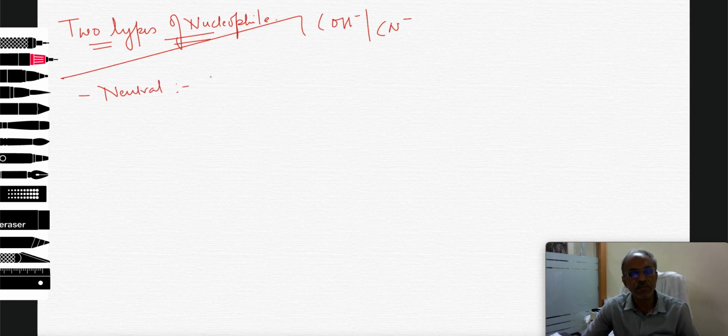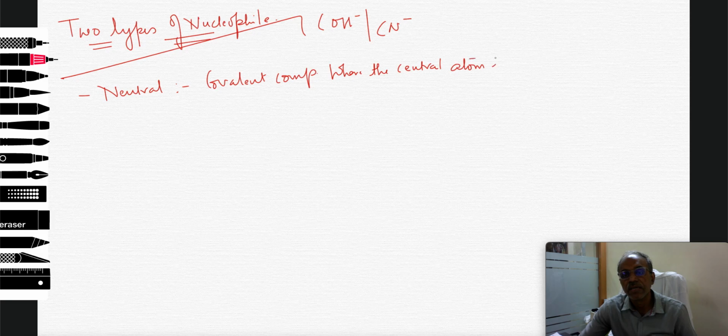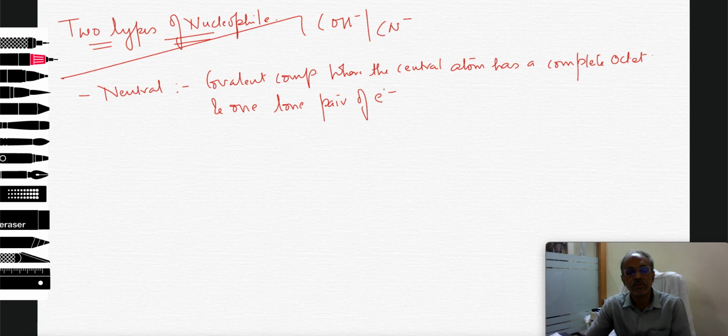Neutral means a covalent compound where the central atom has a complete octet and one lone pair of electrons.